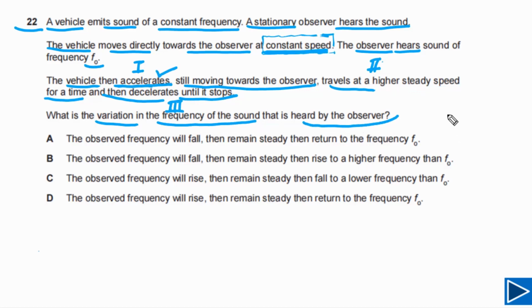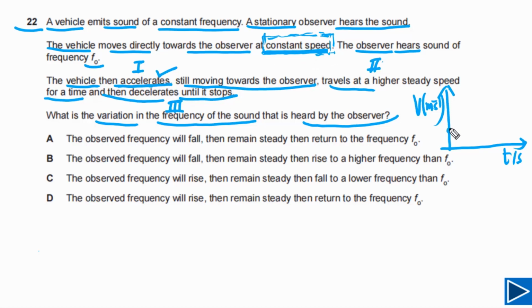Now let's try to sketch the speed-time graph for the motion of the vehicle. We sketch speed on the y-axis and time on the x-axis. The vehicle is moving at constant speed and then it accelerates.